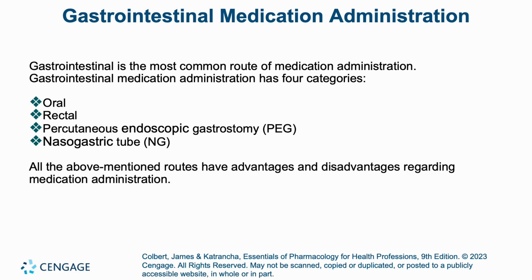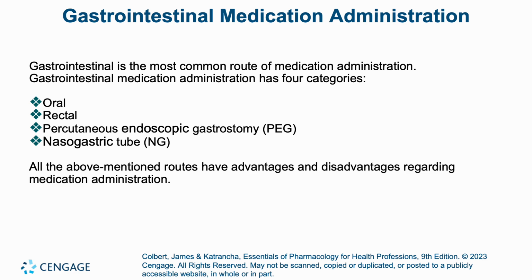Oftentimes you see these on people who it's known will need long-term access for feeding and medications, sometimes in small children if they've had very poor oral intake, especially if they were a micropreemie or they have any swallowing difficulty. This is a more permanent solution because it is a surgical opening into the stomach.